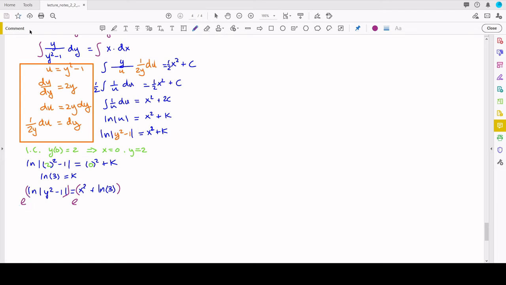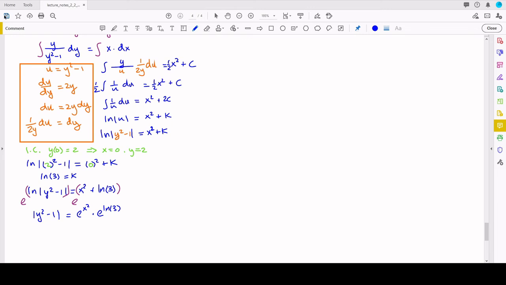And so on the left, we have absolute value of y squared minus 1 equals, and there I have e to the power x squared times e to the power ln of 3.